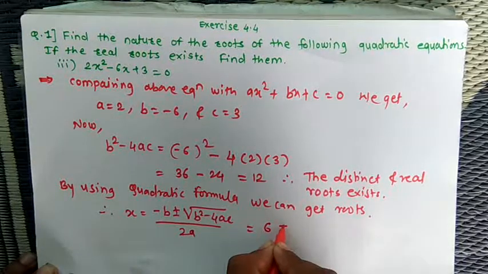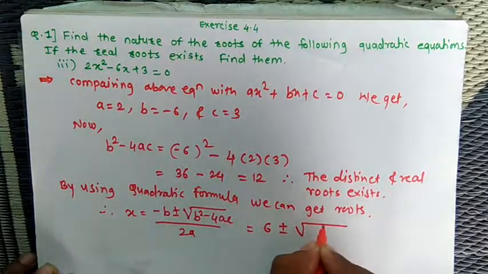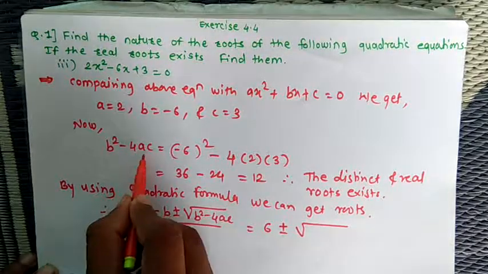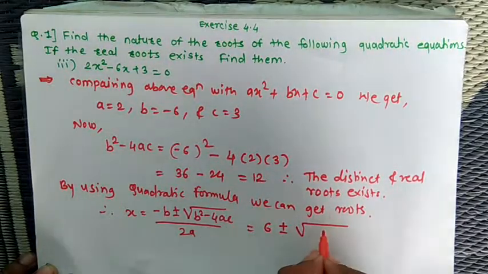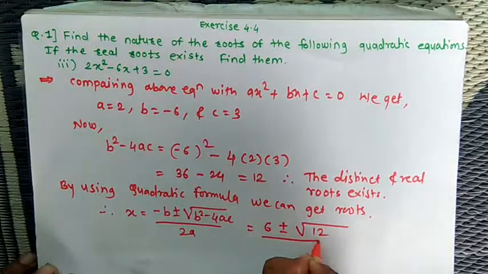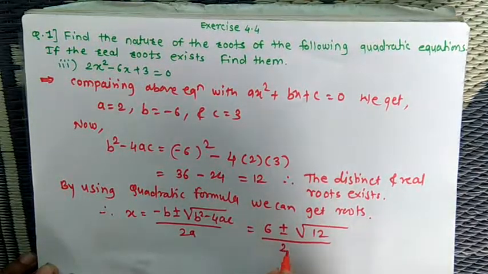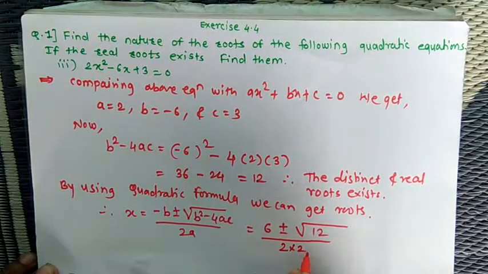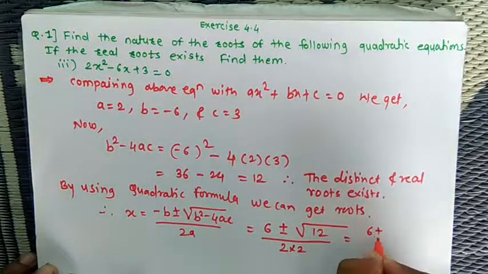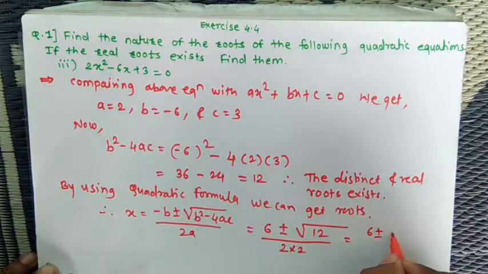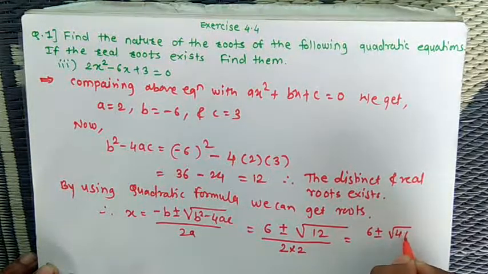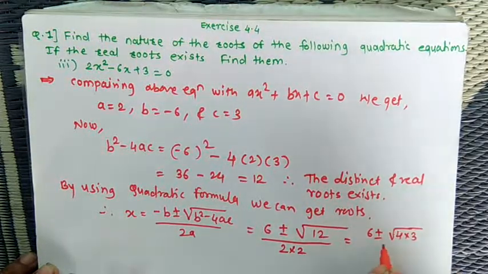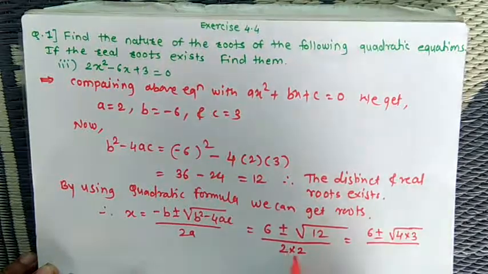Plus 6 plus minus square root of b square minus 4ac. What is the value of b square minus 4ac here? 12. Write directly 12 divided by 2 into a. What is the a here? A is 2. That is 2 into 2, which is equal to 4. 6 plus minus square root of 12 can also be written as square root of 4 into 3 divided by 4.